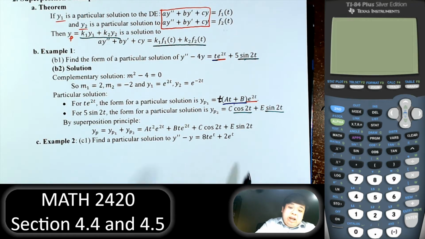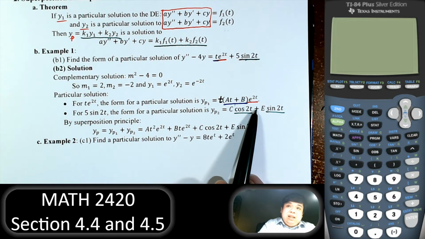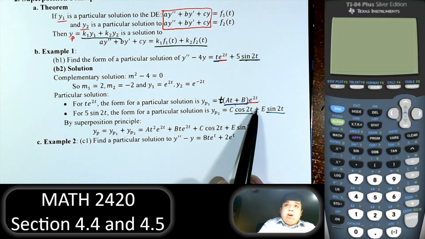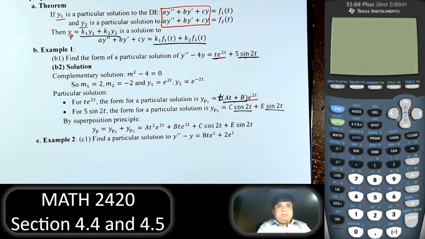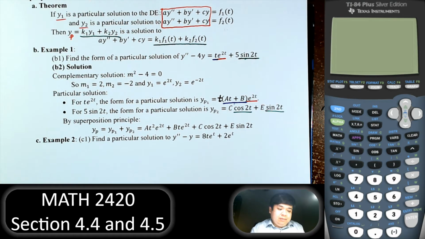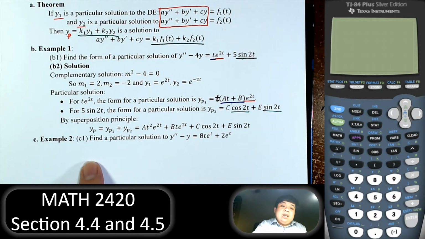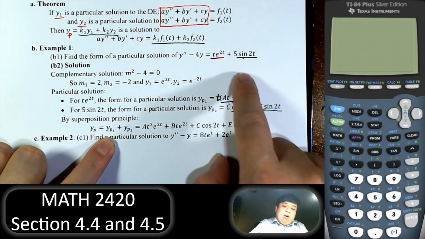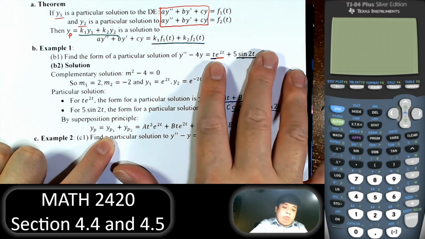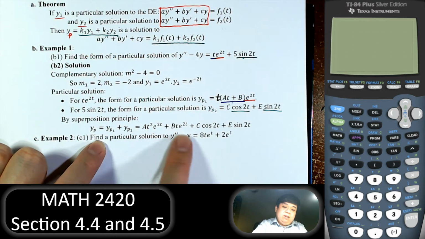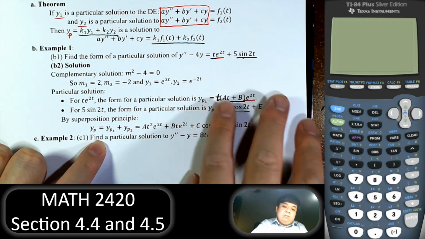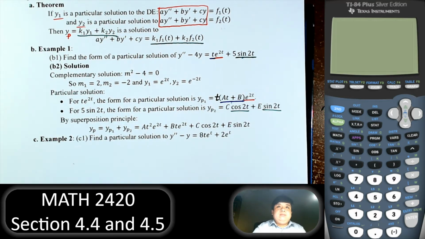If you notice, I avoid using d as a constant because later on d is used for derivative. That's a different operator, so we don't want to use d. So the superposition principle says if on the right hand side we have the sum of those two functions, then we're going to have the sum of these two guess solutions.